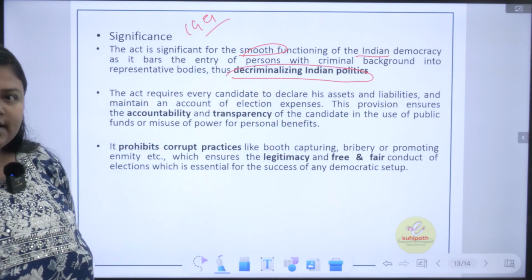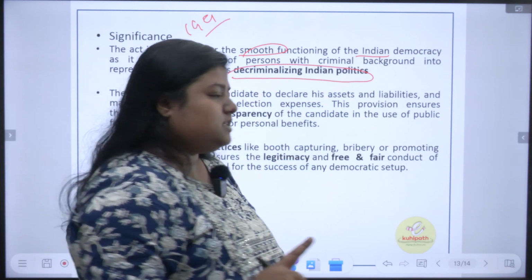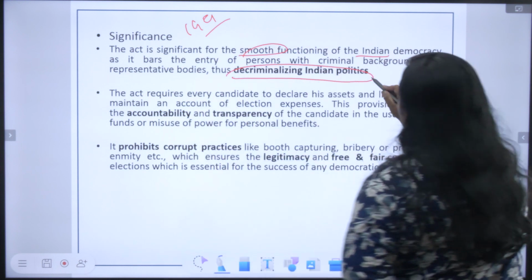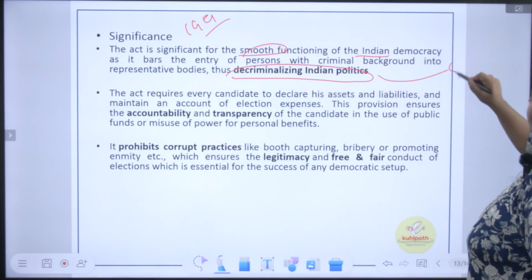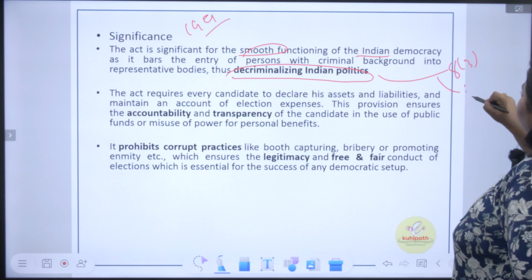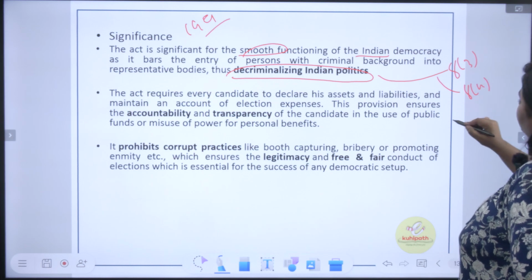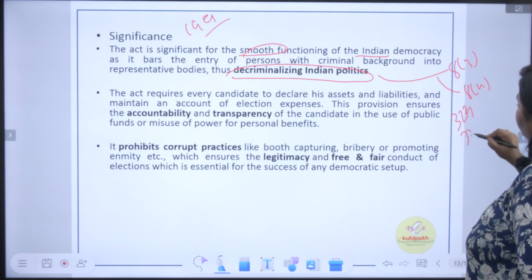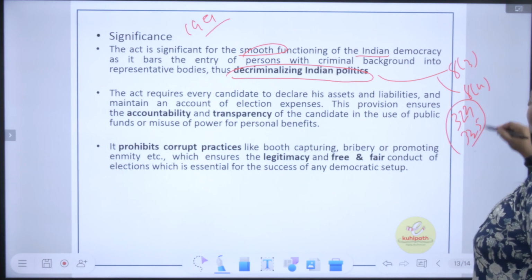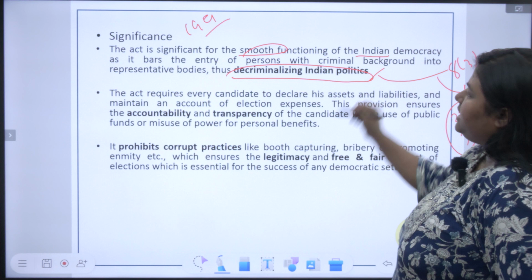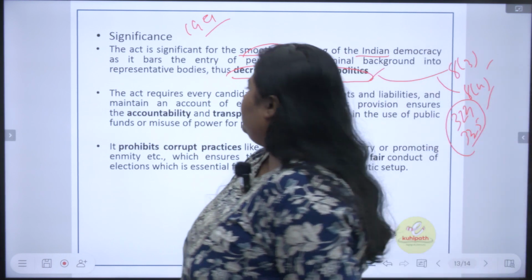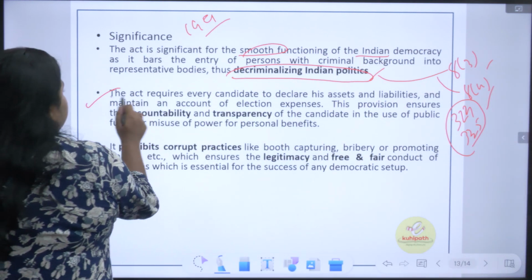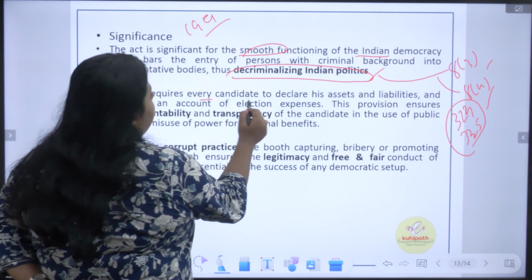We had learned in detail how decriminalization of politics happened, because we have some provisions, 8 subsection 3 and 8 subsection 4, and constitutional articles 324, 325, which all together ensure decriminalization of Indian politics. Fine, okay.